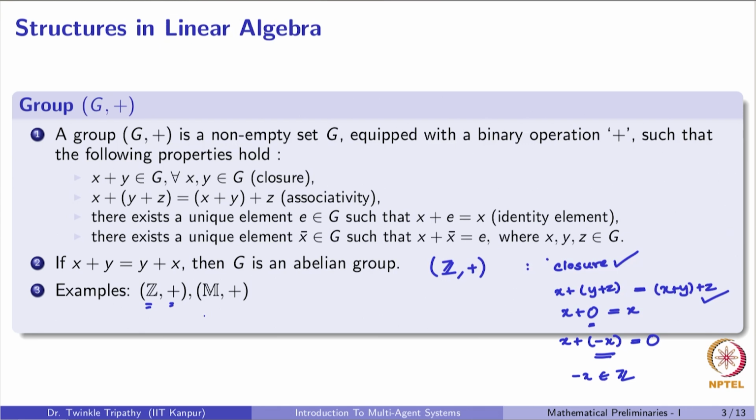Now similarly, we can take the set of n cross n matrices with the addition operation. So please try it out for yourself and see whether the set M which is given to us becomes a group or not.